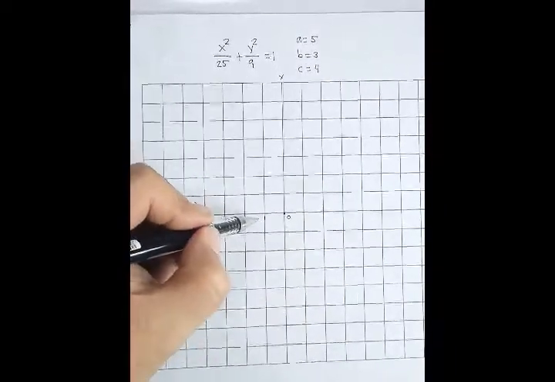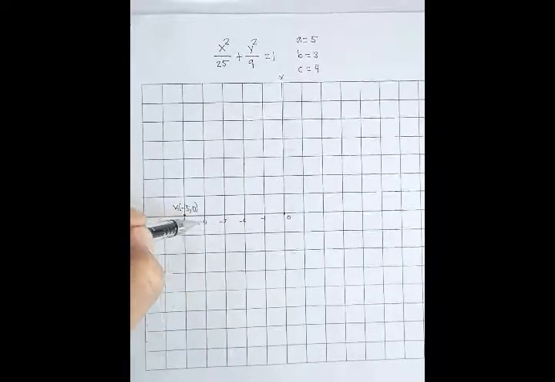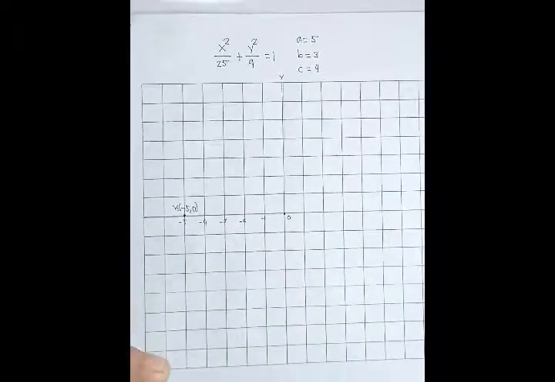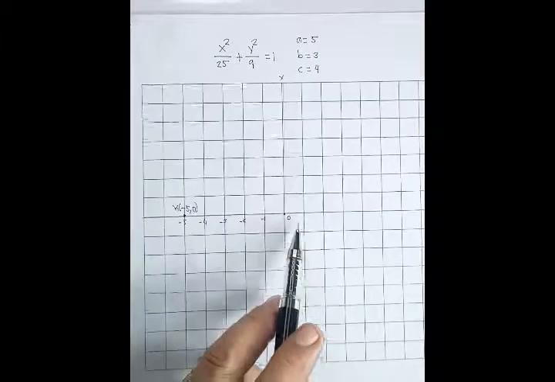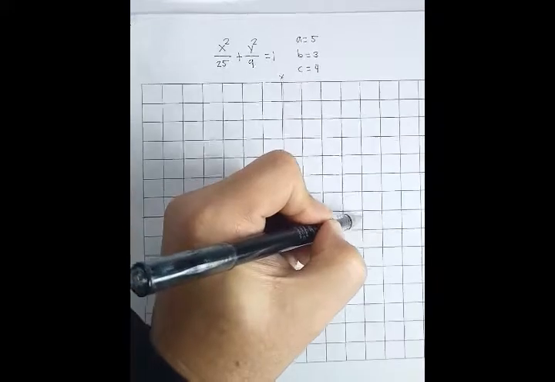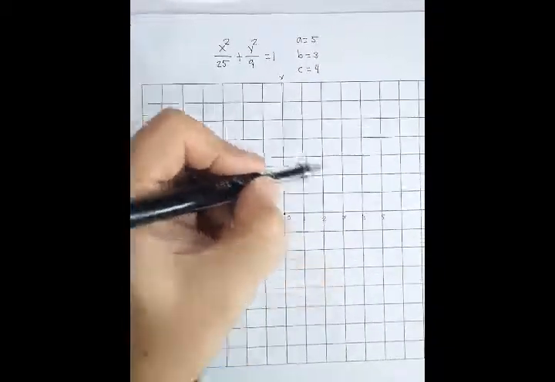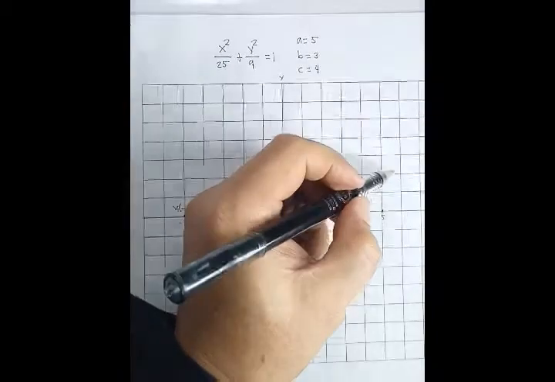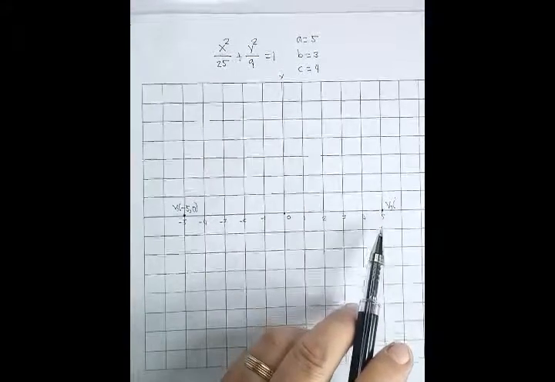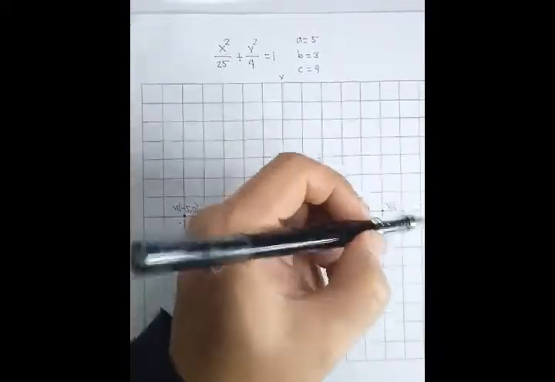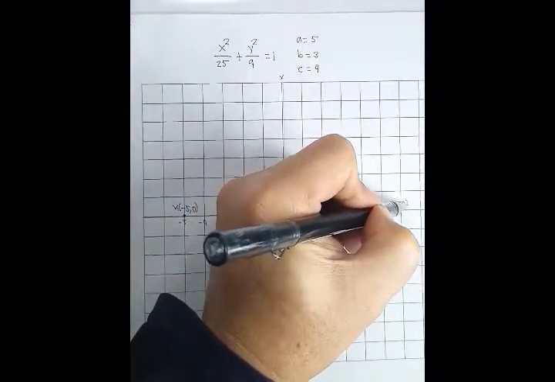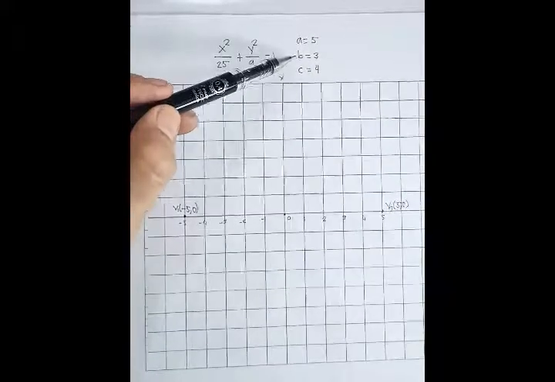Because it is to the left of the origin. And then again mo count ta og 5 padulong sa right. So we have 1, 2, 3, 4, 5. So this is now our point V2. So sa may location sa itong point V2, it is 5 and 0.